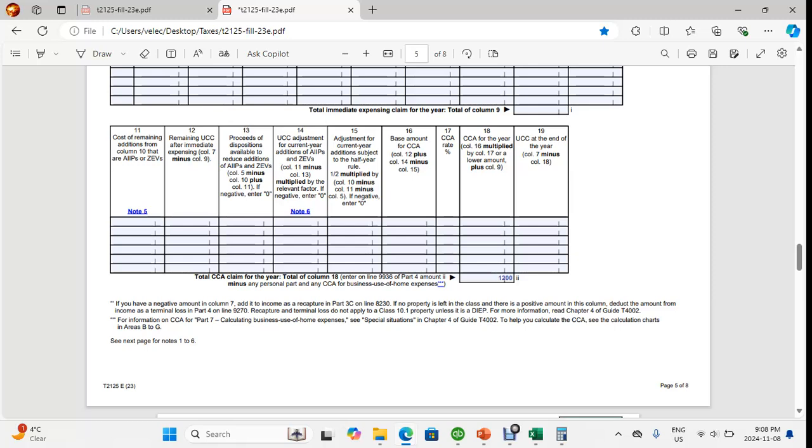If you did have anything else that you added to your business, such as equipment, you will need to add that as well.